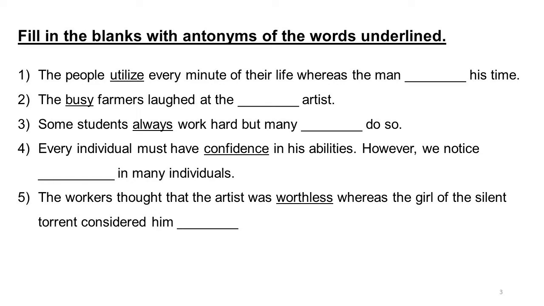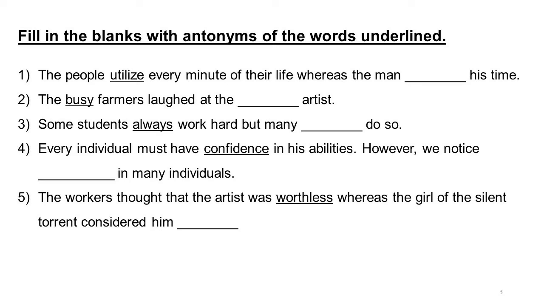Let's look at the first 5 sentences then. First one, the people utilize every minute of their life, whereas the man blank his time. Second one, the busy farmers laughed at the blank artist. Third one, some students always work hard, but many blank do so.